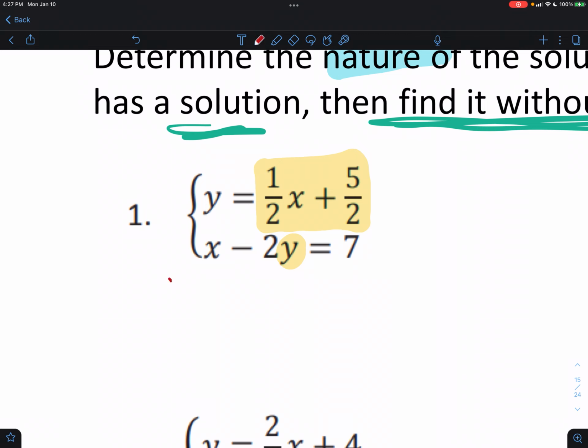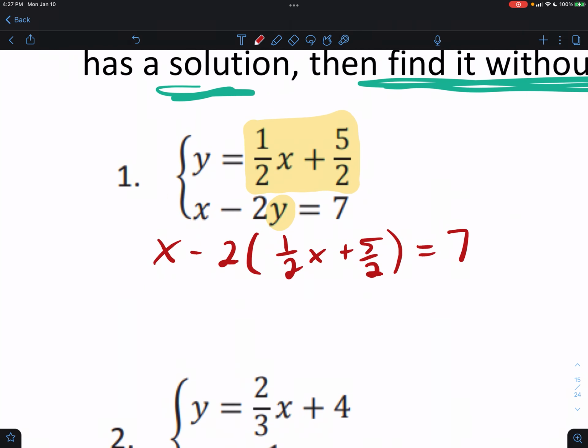So I would get x minus 2, I remove the y, and I replace it with the 1/2 x plus 5/2, and then I bring down the equals 7. Doing this gives me an equation with only the x variable, and I can begin solving it.